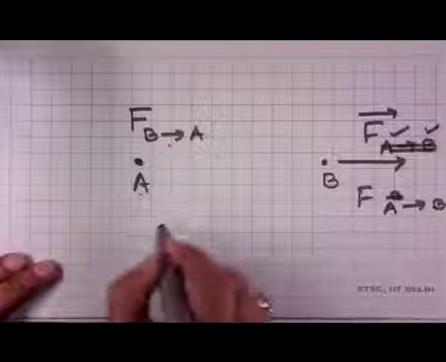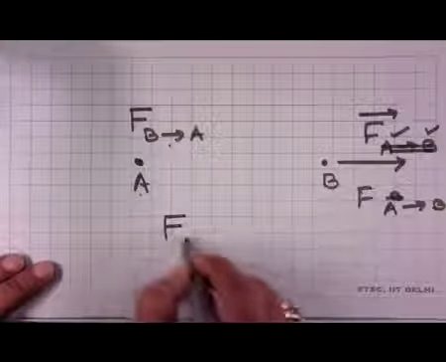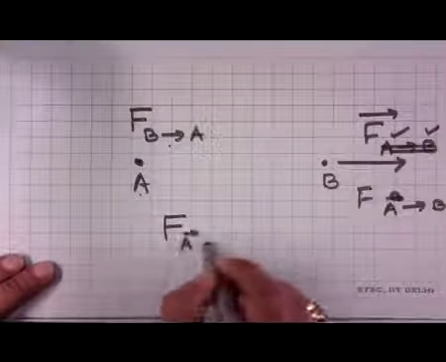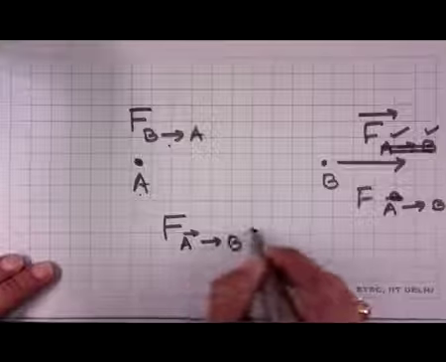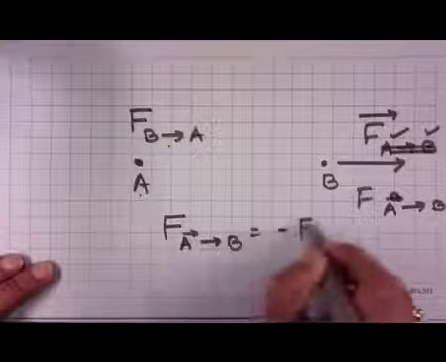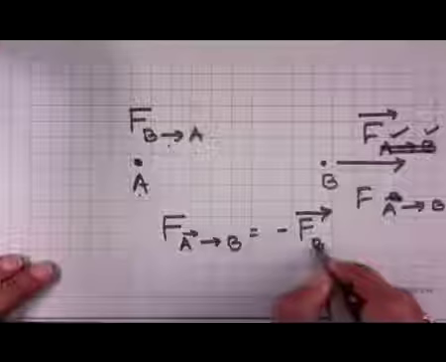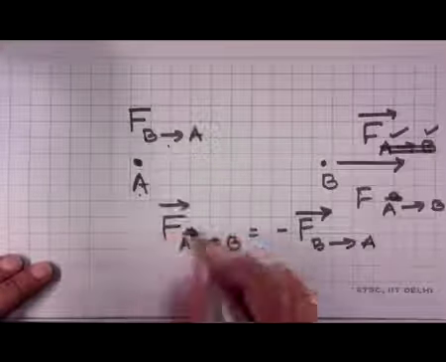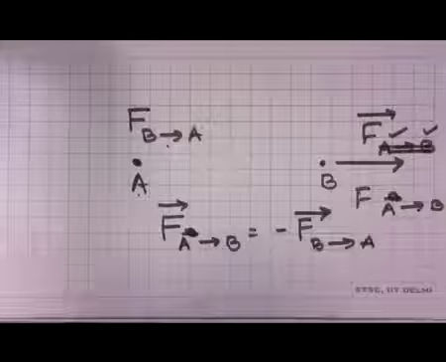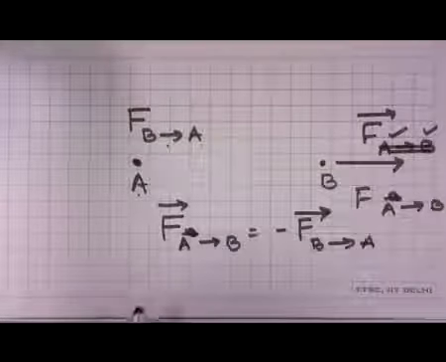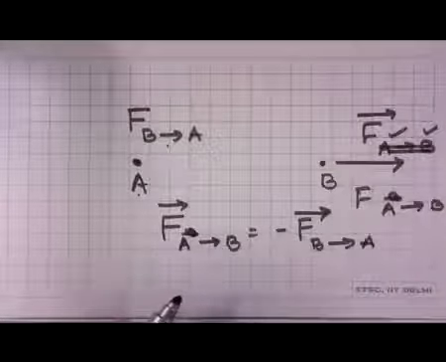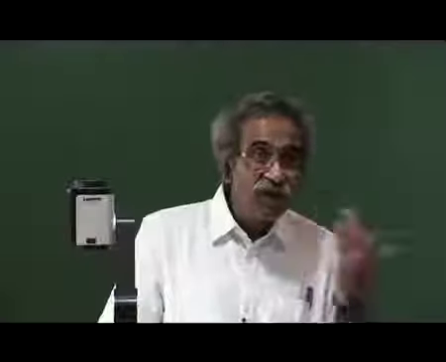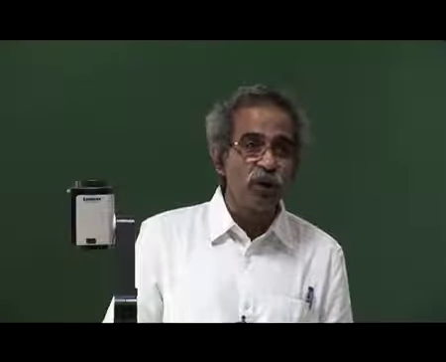But over and above that, it says that the force of A due to B is equal to negative of force B to A. Okay, this vector sign must be on the force, not on the particle. I am sorry about that. So they are negatives of each other. This is very, very important. They are equal in magnitude, but they are in opposite direction.